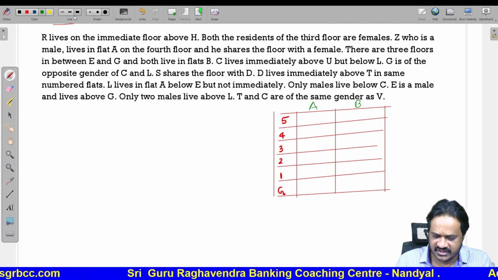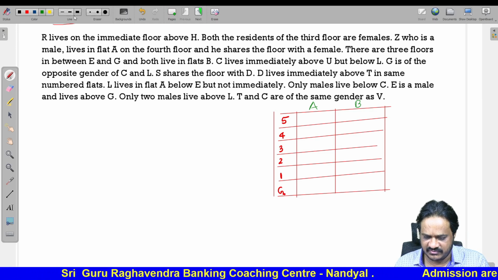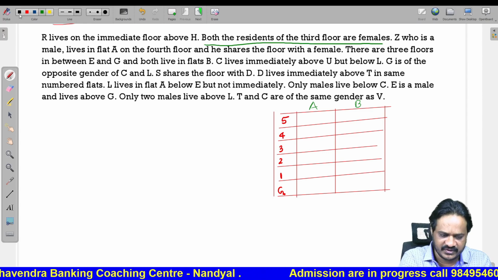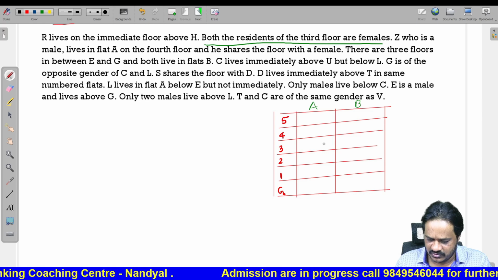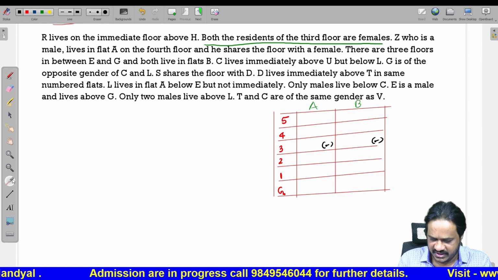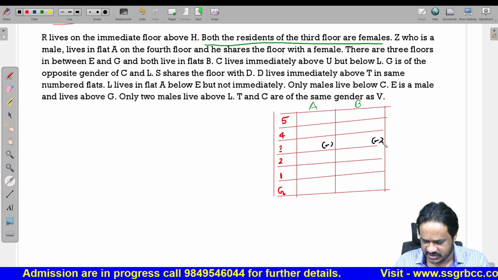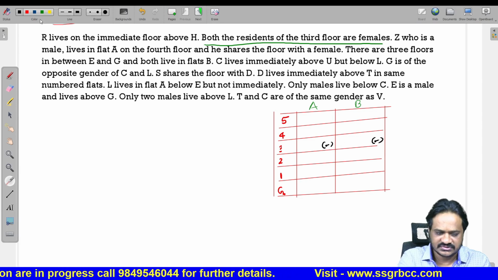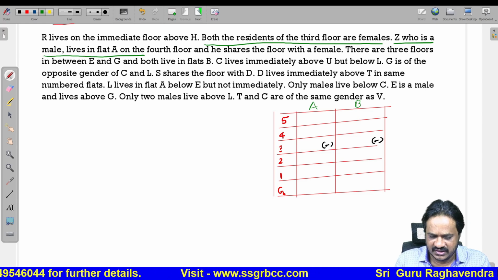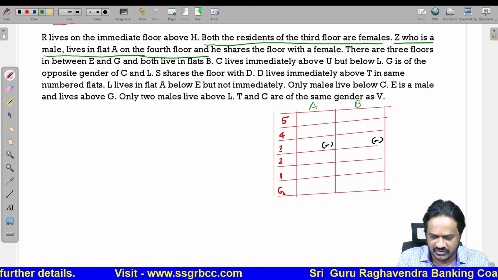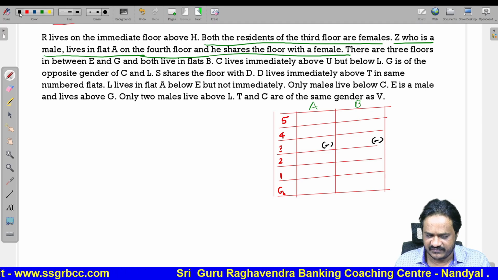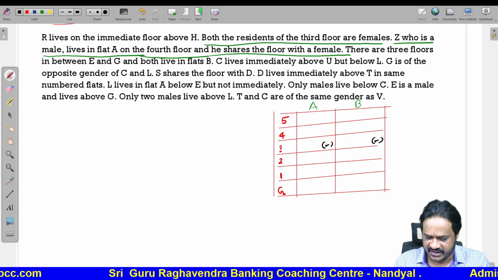See the first one. If you read these points, both the residents of 3rd floor are female. In the 3rd floor, 2 persons are living, both are female, so you keep a minus symbol. Then Z, who is a male, lives in flat A of 4th floor and he shares the floor with a female.